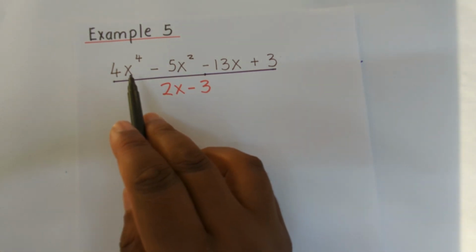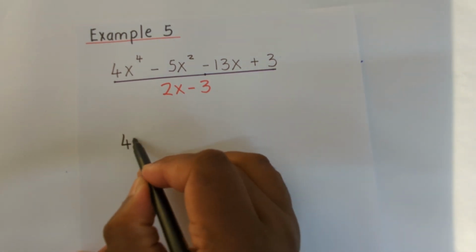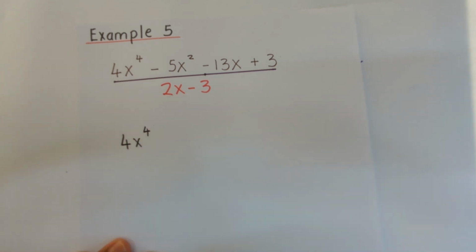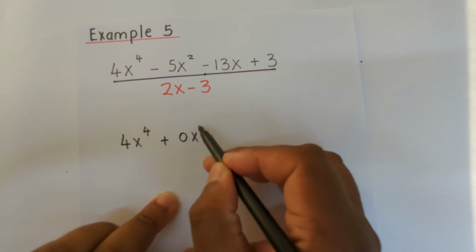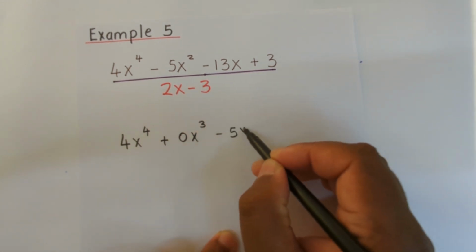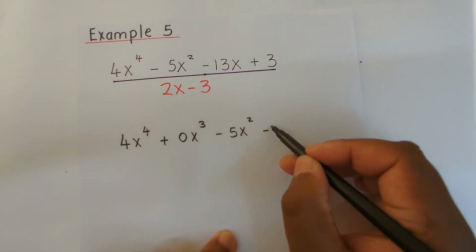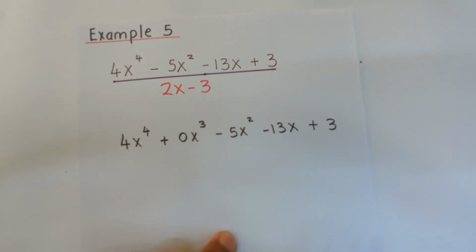So we are going to rewrite our polynomial as 4x to the power 4 plus 0x to the power 3 minus 5x to the power 2 minus 13x and lastly plus 3.